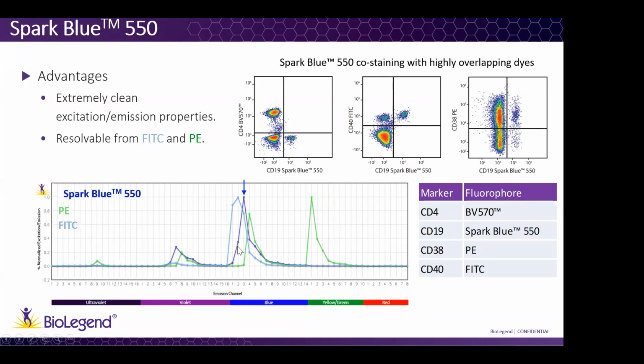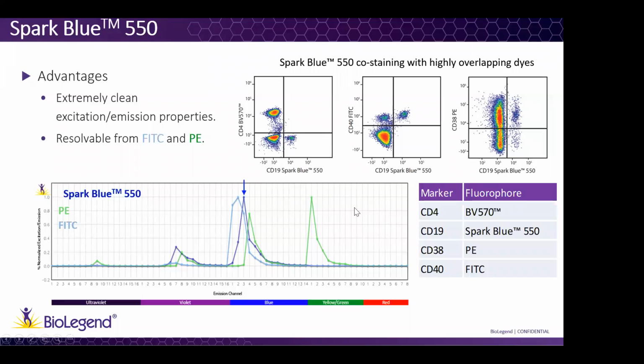So here you can see the signature, how it looks in a full spectrum instrument. The dark blue here is Spark Blue. Then we have PE on green. So you can unmix it because PE has this peak on yellow green that is different from Spark Blue, and then FITC is a little different here in the blue laser and also doesn't have the UV or violet peaks.